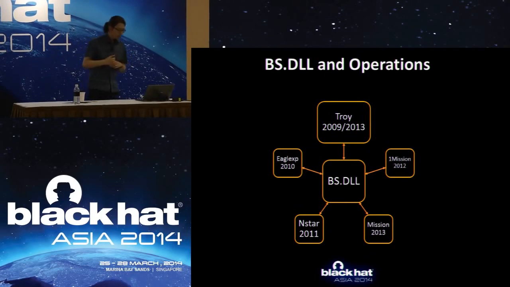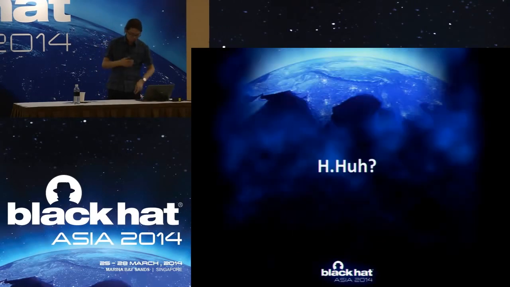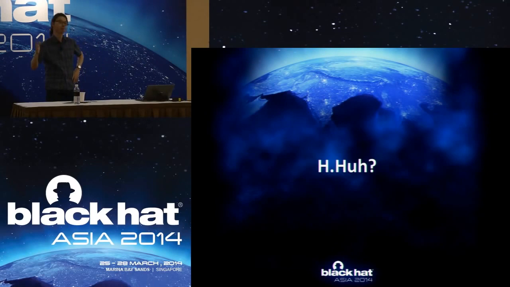Sorry, Mission 2013, one mission 2012. When I got those, I just couldn't believe it was the end, because it goes from 2013 all the way back to 2011, 2010. I just can't believe it's the end.